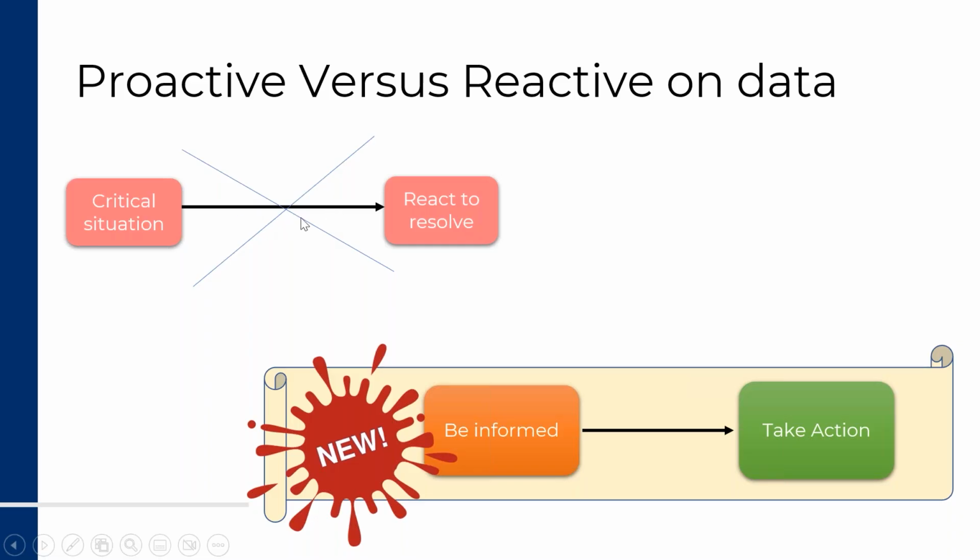What we've helped our clients do is to move away from that and be more proactive towards what is happening in their data. So rather than being reactive, something happened and now you have to react to correct the situation, we actually alert. That's hence the name Alert.